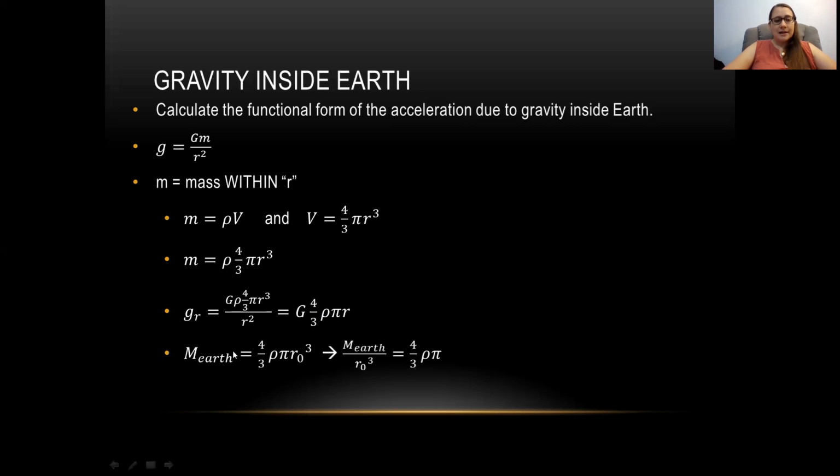So the mass of the Earth is 4/3 times that density times pi r cubed, right? And we can see that we get a similar factor of 4/3 pi times rho.